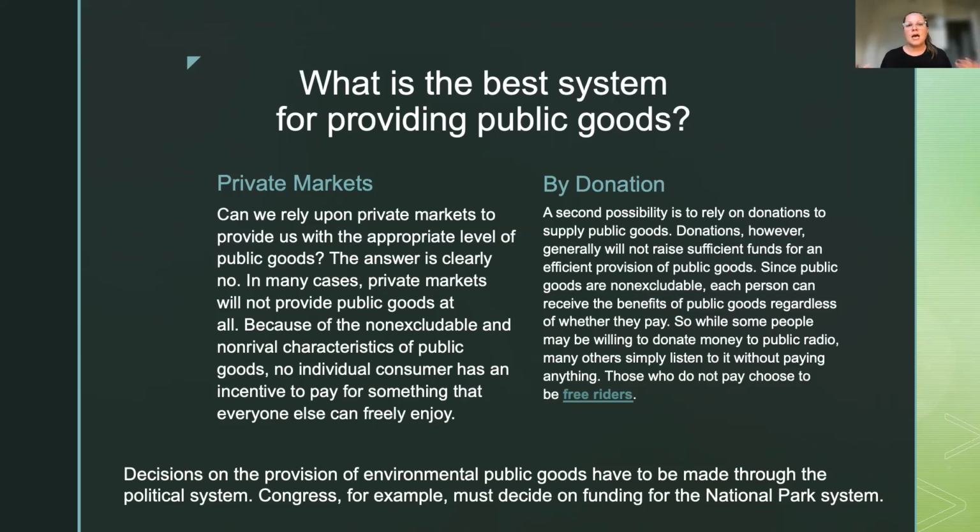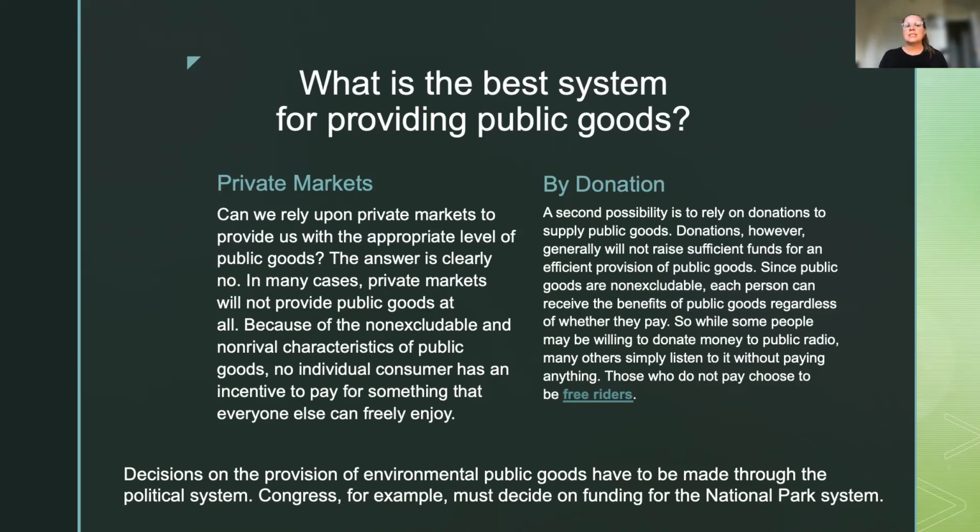There are a lot of debates about the best way to provide public goods. You can think about public goods like street lights or nice roads to drive on, national defense, public water supply, right? Here in this video series, I'm going to use the example of our national park system, conservation of public land.